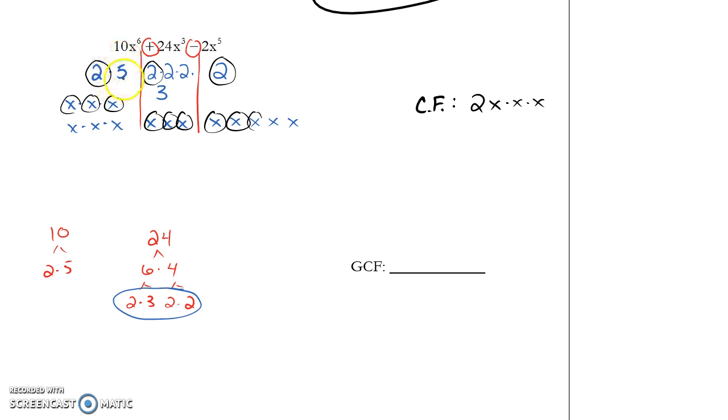Because if I look here, 5, there's no 5, not common. X, there's no x, not common. Even though it's common between the first and the last, it doesn't count unless it's common among all sections in the polynomial. So to get my greatest common factor, I multiply all of my common factors. 2 times x times x times x is 2x to the third. That's my greatest common factor.